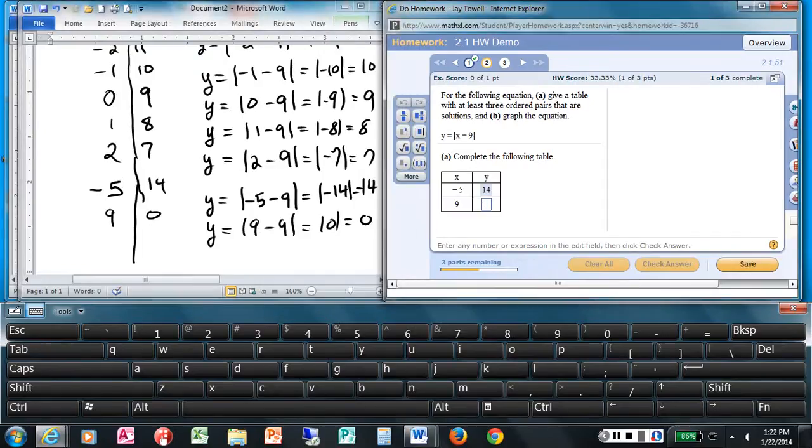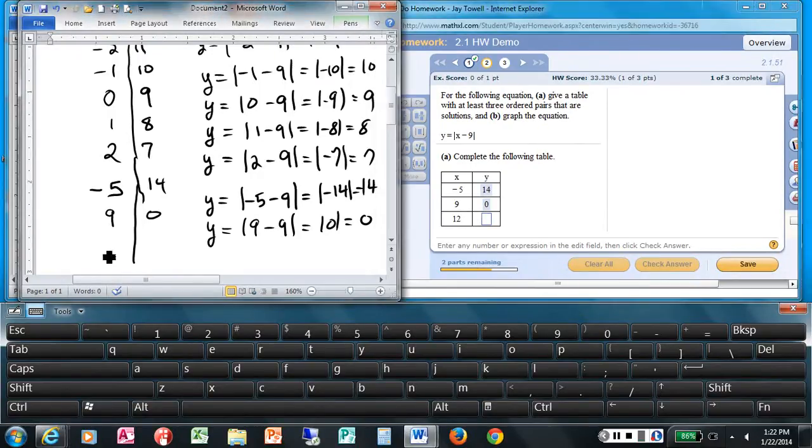So we have 0, 9, 0. And then 12. If we plug in 12 for our function, we've got the absolute value of 12 minus 9, the absolute value of 3, which is 3.